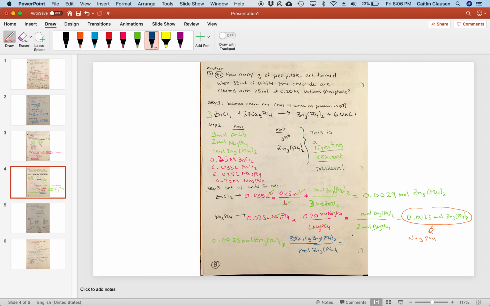You should get 2 sig figs in your final answer: 0.97 grams.